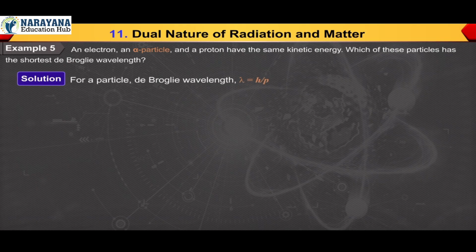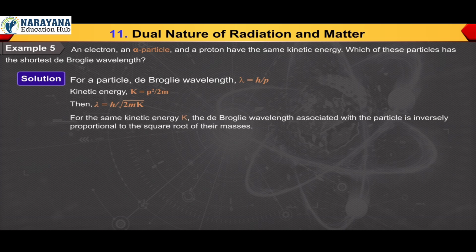Solution. For a particle, de Broglie wavelength λ is equal to h upon p. Kinetic energy K is equal to p² upon 2m. Then λ is equal to h upon square root of 2mK. For the same kinetic energy K, the de Broglie wavelength associated with the particle is inversely proportional to the square root of its mass.